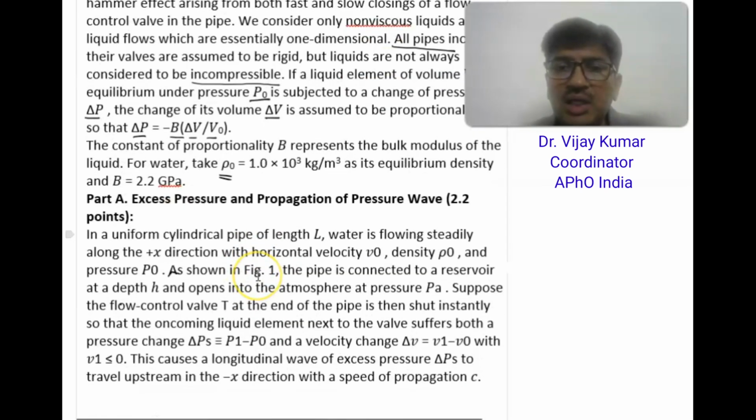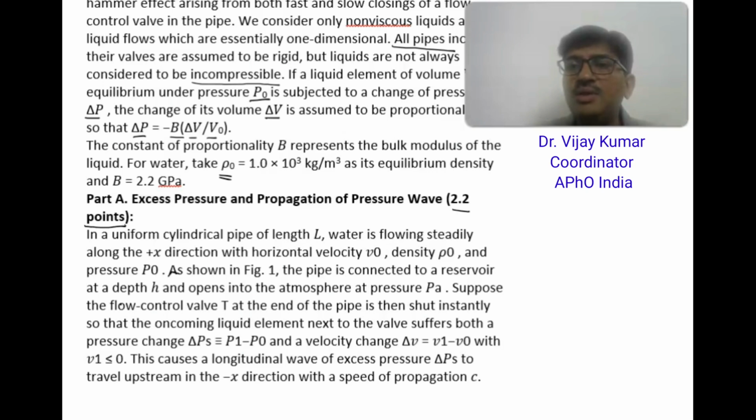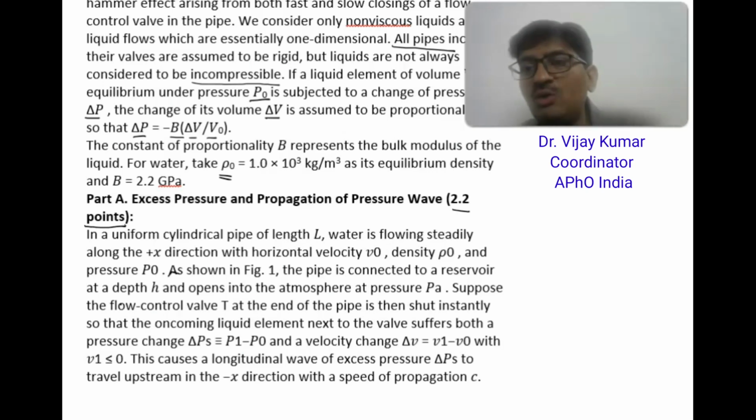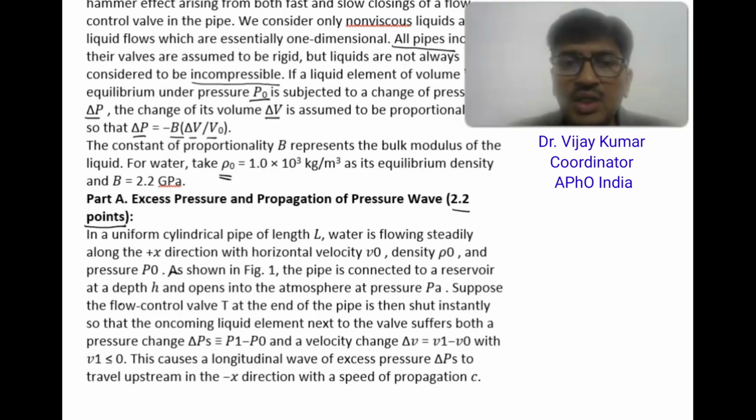So this is part A, that is axis pressure and propagation of pressure wave, and the marks of this part is 2.2. If we solve this part, then we will get 2.2 marks out of 10.